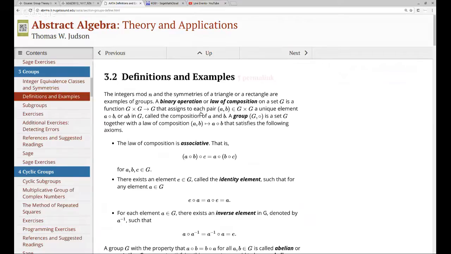Not to be too restrictive, because if we insist that our operation behaves too nicely, we'll be restricting that universe of examples down quite a lot, and what we're talking about won't be as general or as applicable as it could be. But at the same time, we are only interested in objects that have some mathematical meaning or some nice mathematical structure to them. So we don't just want to be considering arbitrary sets and arbitrary operations.